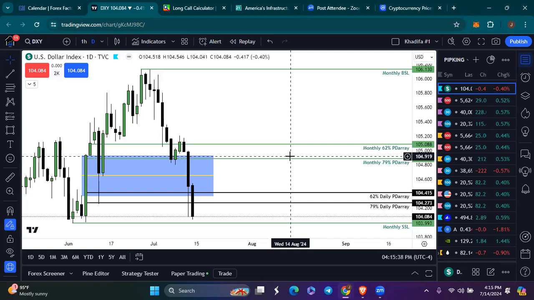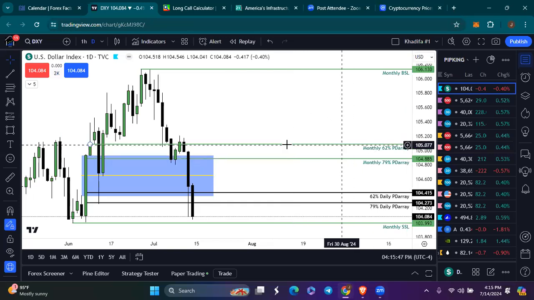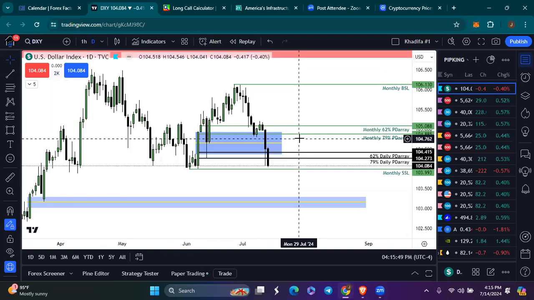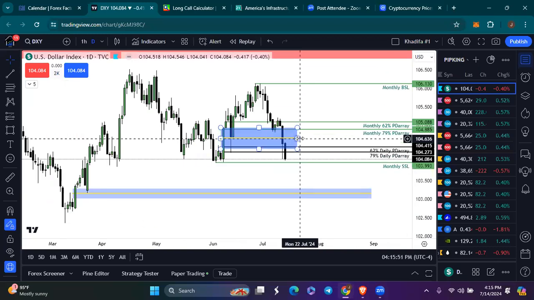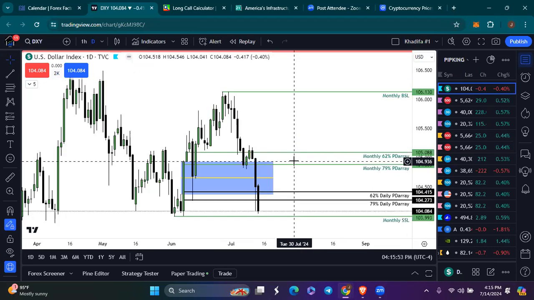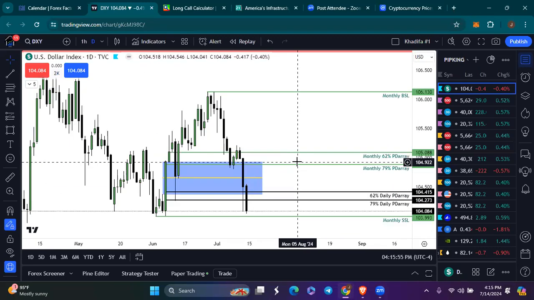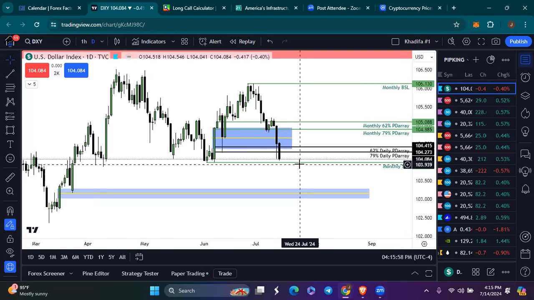What I'm thinking is that for futures, we could see the market open up with a big gap to the downside. But we're going to see. So with that being said, I just want you guys to know that for the dollar, I don't know how the market is gonna open up, right?